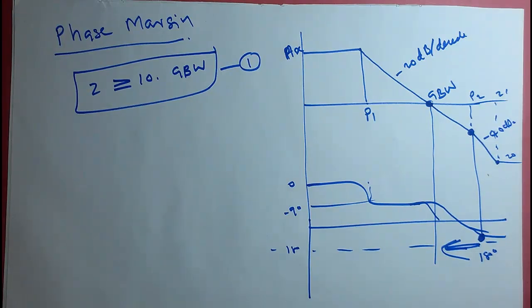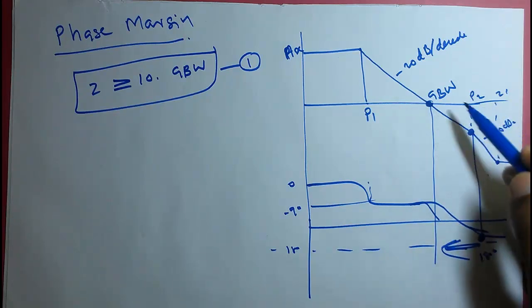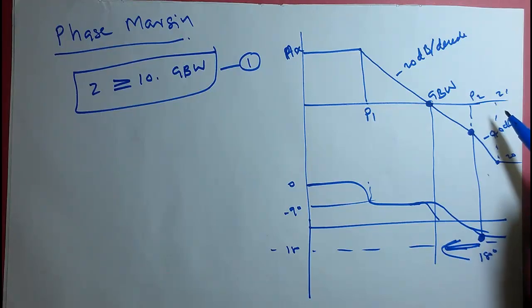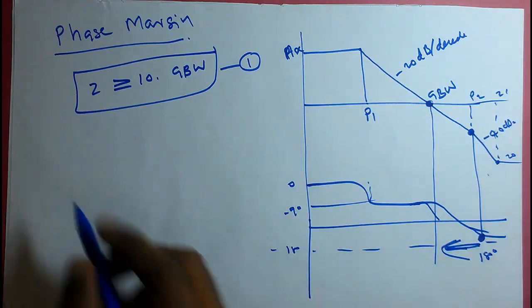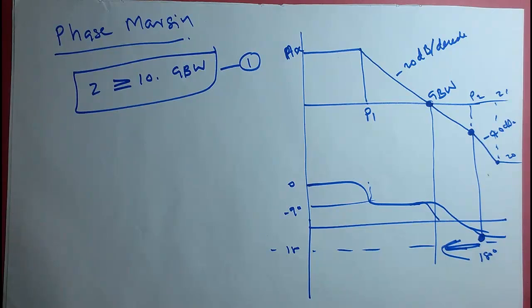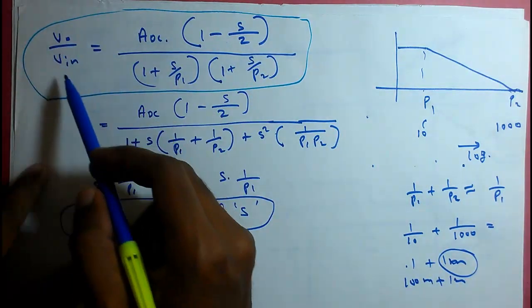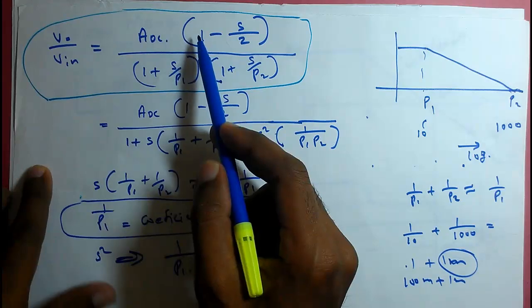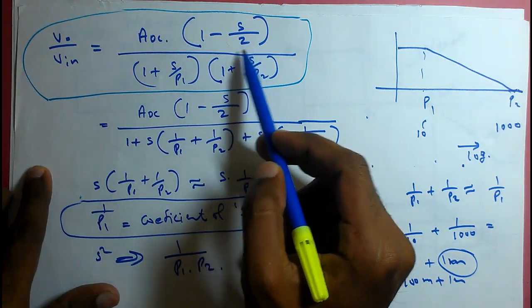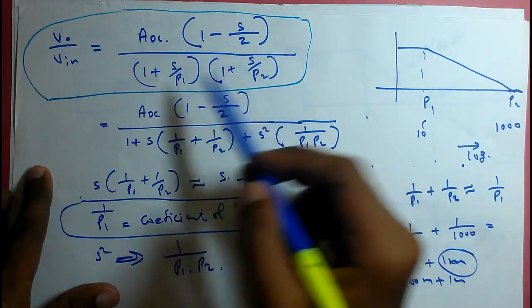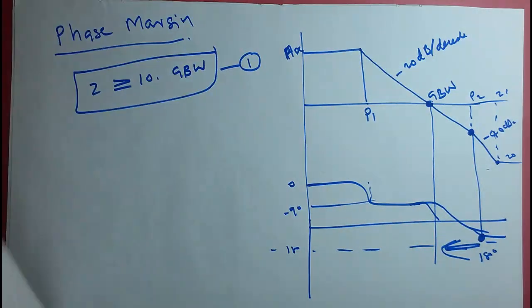After that we have to find out in what condition we can ensure a 60 degree phase margin. To get the angle, we know the transfer function that we already derived. Vout by Vin equals ADC, the DC gain, into 1 minus s by Z, this is the zero, divided by 1 plus s by P1 into 1 plus s by P2. P1 and P2 are the two poles.